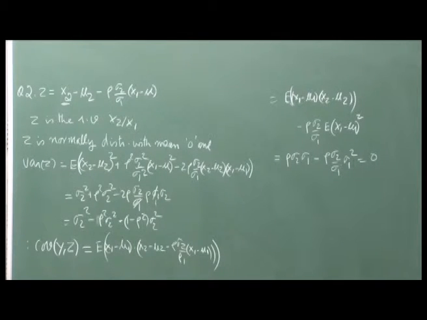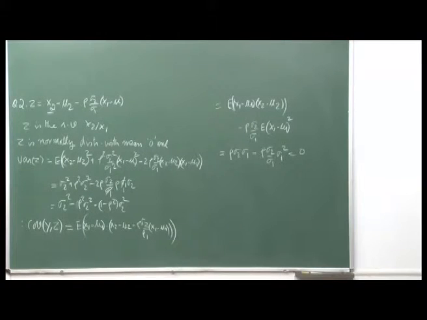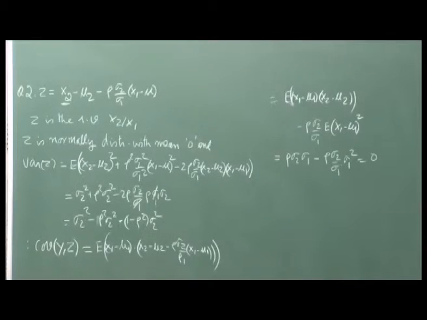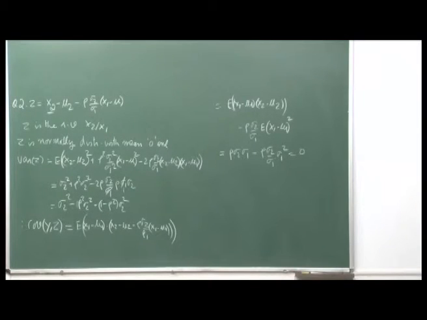Right. So, we need to compute the variance, and the variance will simply be the expectation of Z square, which I have done here by writing out the expectation of the square term and then taking expectation inside, as we can do. It will turn out to be 1 minus rho square times sigma2 square. So, this is the variance.